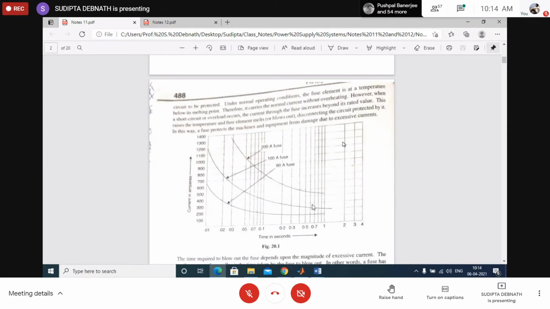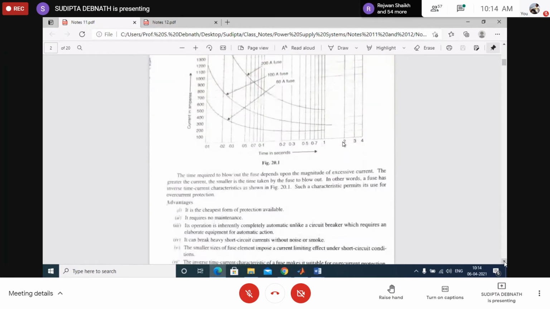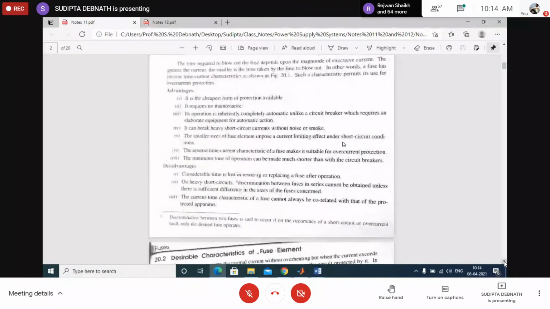When the current is low, the time will be more. This characteristic is already known to you. Just go through what is written here. Nothing new here. The advantages and disadvantages you can write from your common sense.